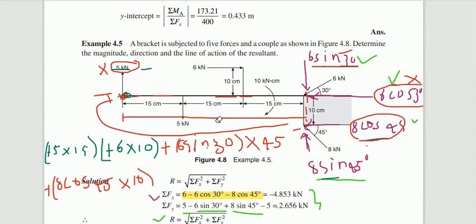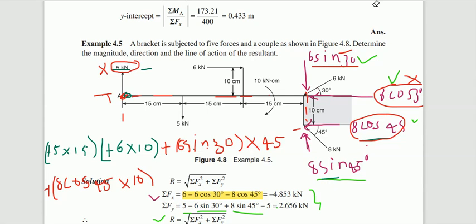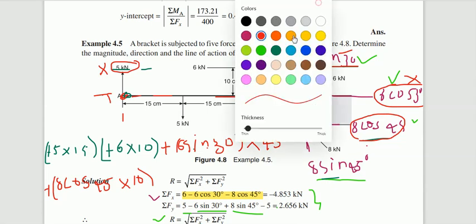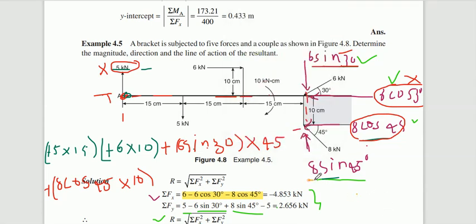And the remaining last force, another force is there. That is which force? This one, 8 sin 45. What is the moment due to this force about point A? Observe clearly and tell me. 8 sin 45 into 45.